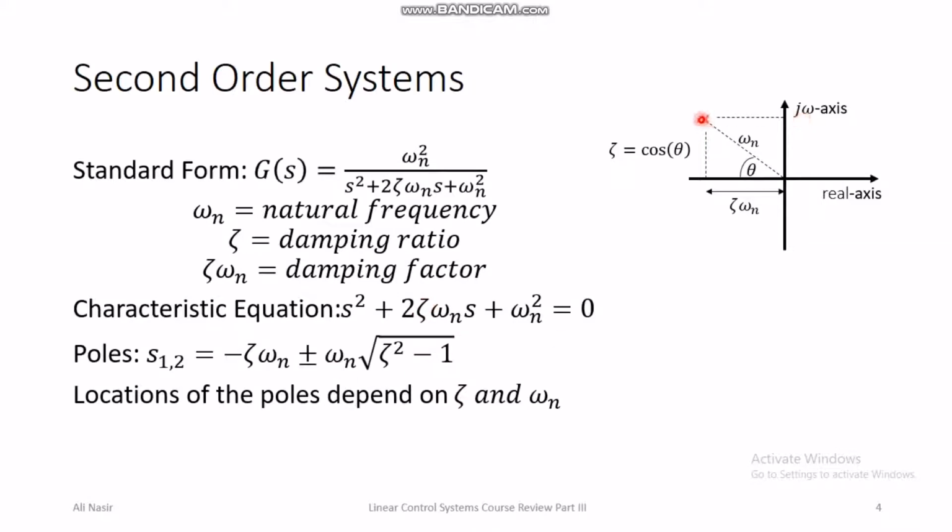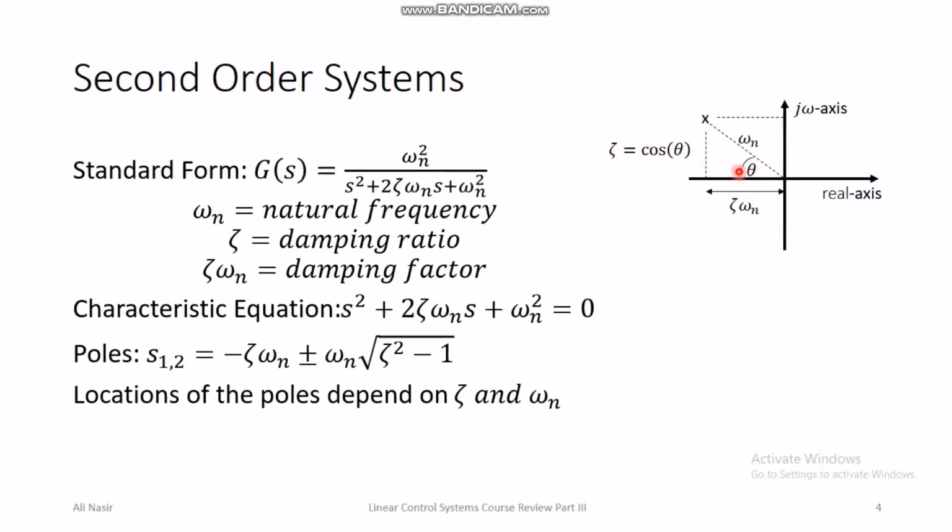If there is a complex pole, then the vector distance of the pole from the origin is omega n, and the horizontal distance, or x component, of this omega n is zeta times omega n, and the vertical component can be found using the Pythagoras theorem for right angle triangles. The angle theta of the pole vector from the negative real axis has an importance such that cosine of theta is equal to zeta.